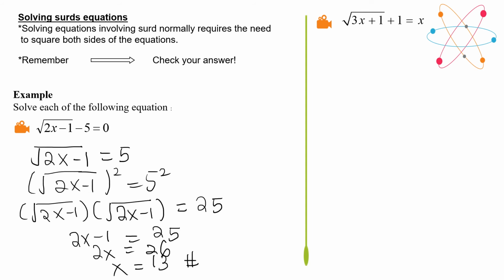Example number 2. Surd 3x plus 1 equals x. Transfer 1 to the right-hand side. Now, apply squaring both sides.